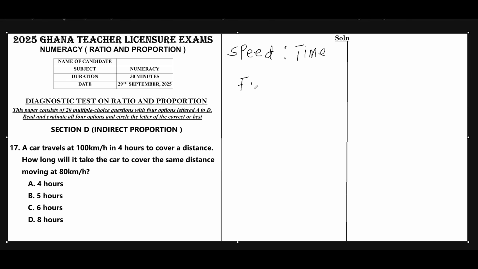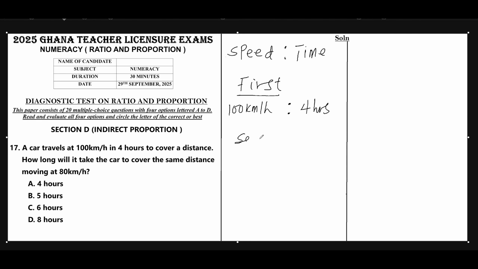First instance, we were given the speed as 100 kilometers per hour and then the time as 4 hours.